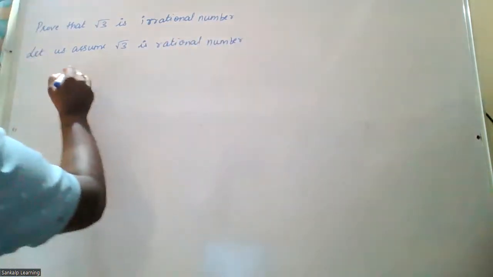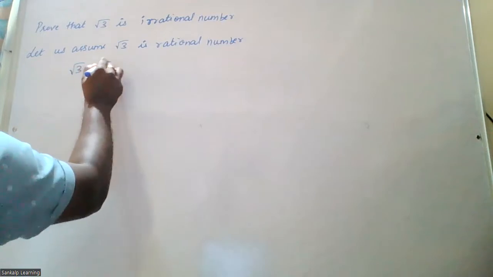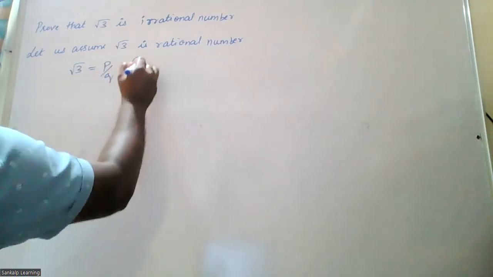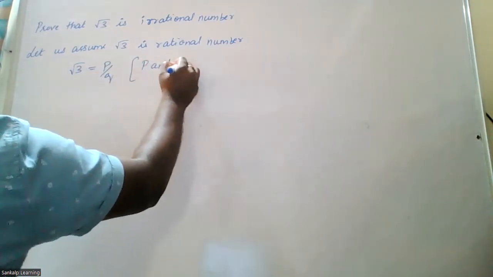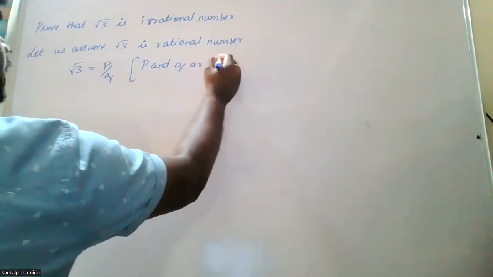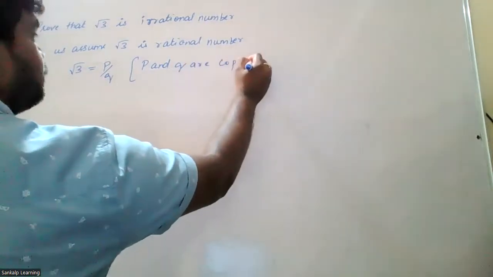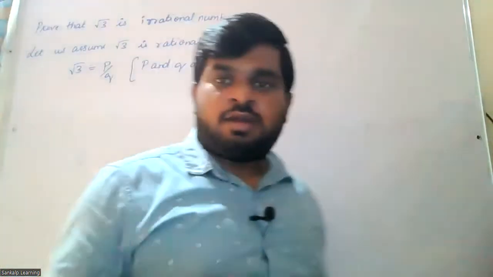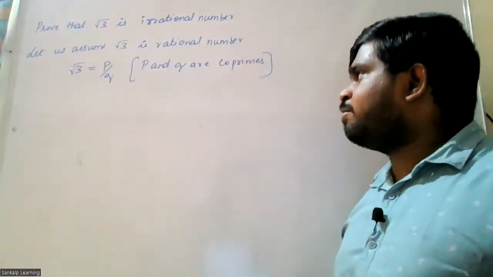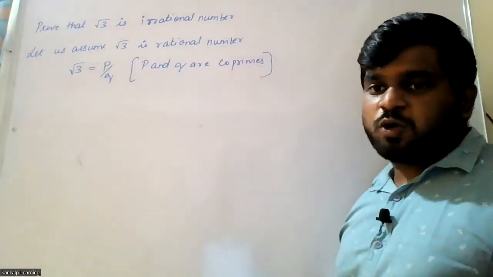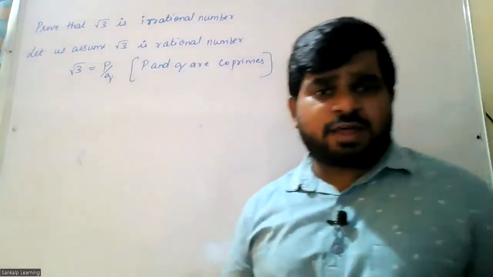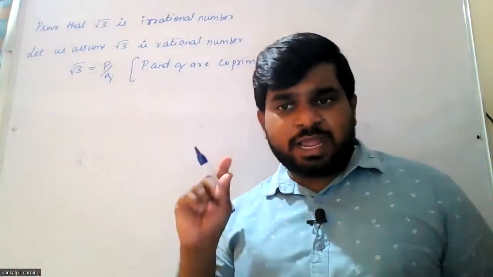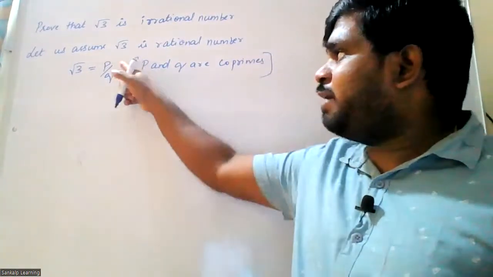So if root 3 is a rational number, every rational number can be written in the form of p by q. What are p and q? P and q are integers, or in general, I can write it as co-primes. Co-primes itself makes it to be an integer. So p and q are co-primes, meaning there is no other number except 1. Only 1 is the number that is going to divide p and q.